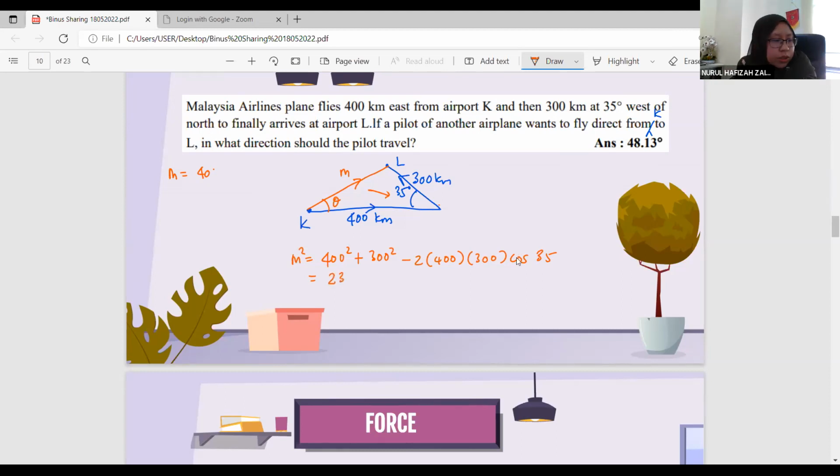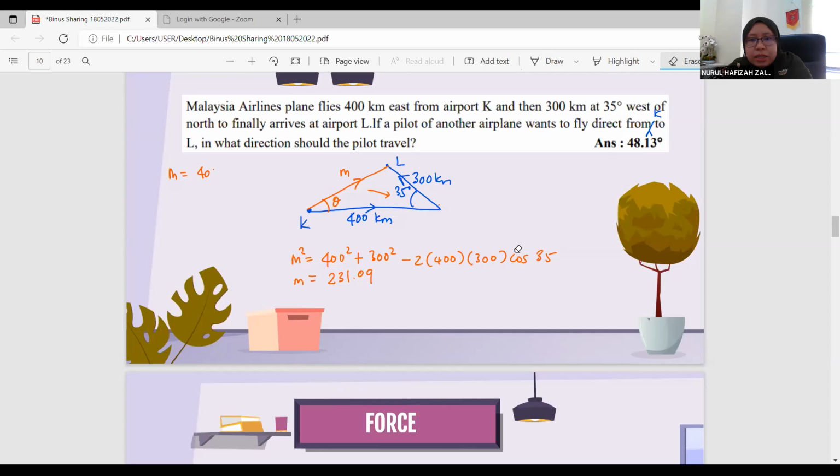I get 231.09. Oh, I have m here. Just put here 231.09 is the length. So if the person asks you to find the length, then you know how to find the length by using what you have learned in linear algebra about vector.